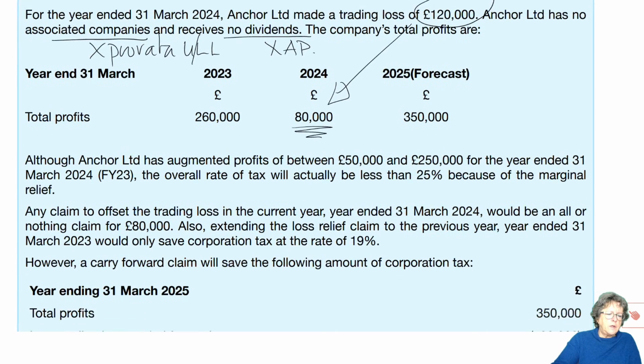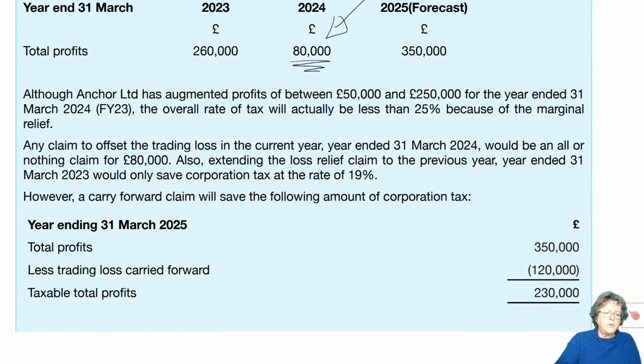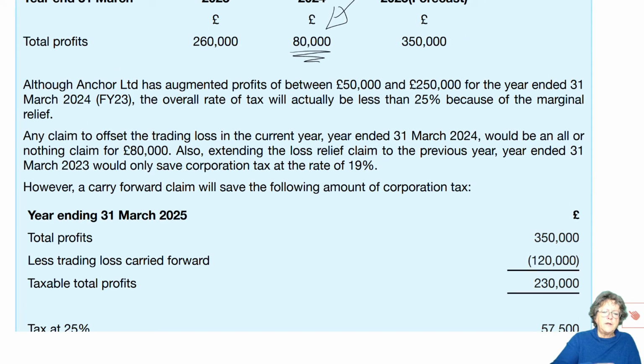So although ACCA Limited has augmented profits between 50 and 250,000 for the year ended March 24, which is the financial year 23, the overall rate of tax will actually be less than 25% because of marginal relief. Any claim to offset the trading loss in the current year would be an all or nothing claim.